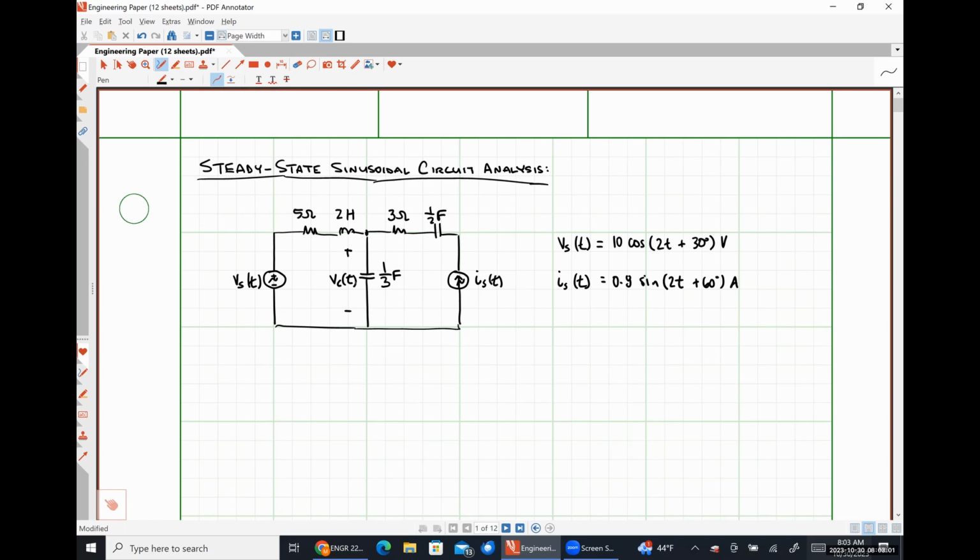So the first thing that we're going to do is convert this circuit from the time domain into the frequency domain. So I'm going to redraw my circuit. This would be a voltage source, my apologies.